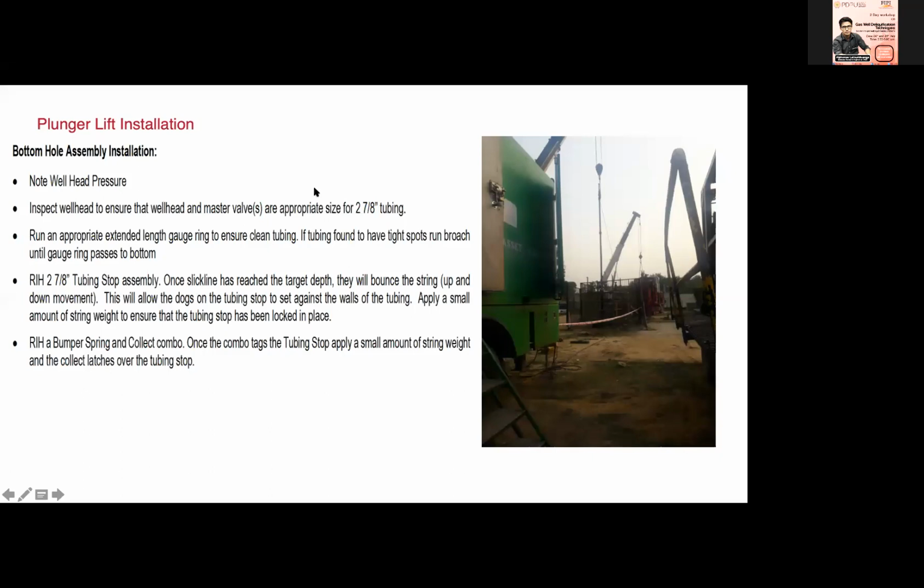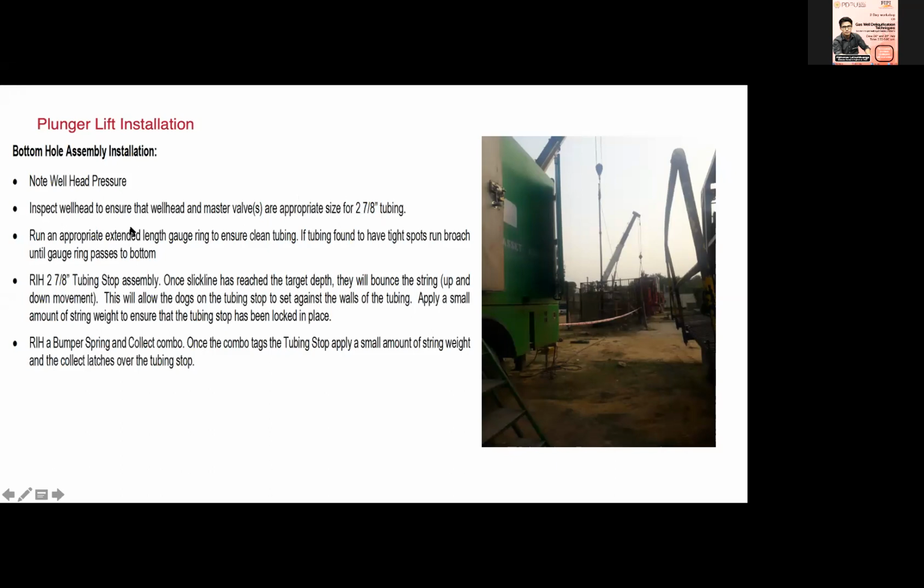So basically, you will be running your tubing stop inside your 2.7x8 inch tubing, depending on the tubing. Their tubing size may be different, but here in Agartala, the tubing size is usually 2.7x8.